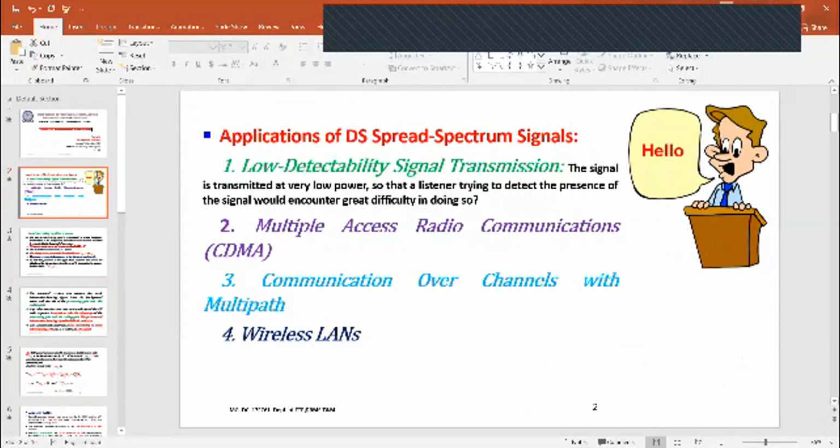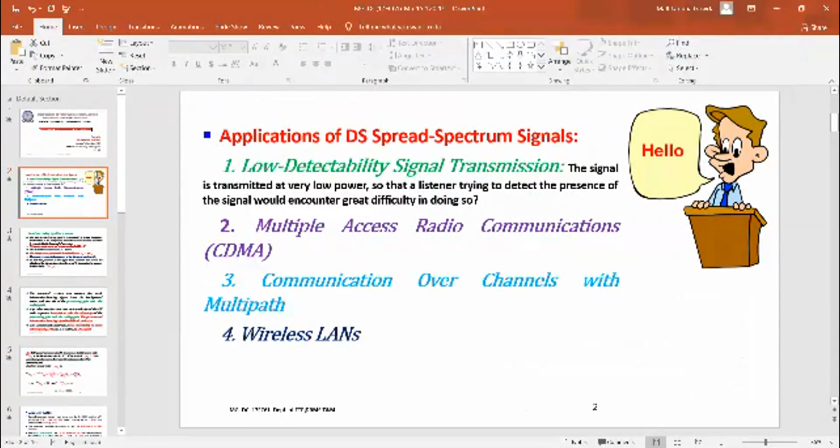So these are the 4 different applications of direct sequence spread spectrum signals which we are going to discuss today.